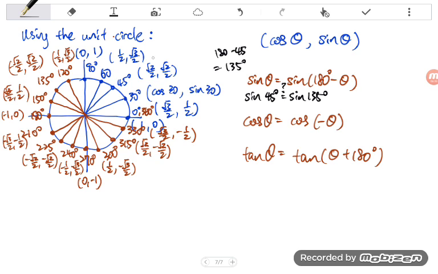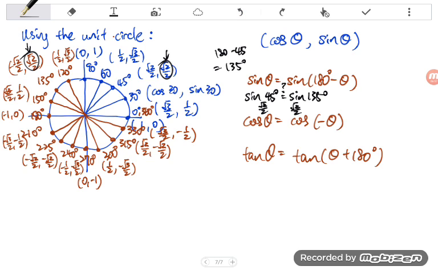Sine 45, we're looking at this value here, and sine of 135 is over there. So there you go, it is true. Both sine 45 is equal to root 2 over 2, and sine of 135 is also equal to root 2 over 2. We just verified that.